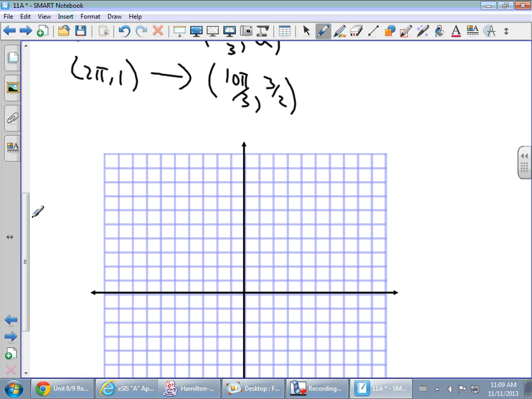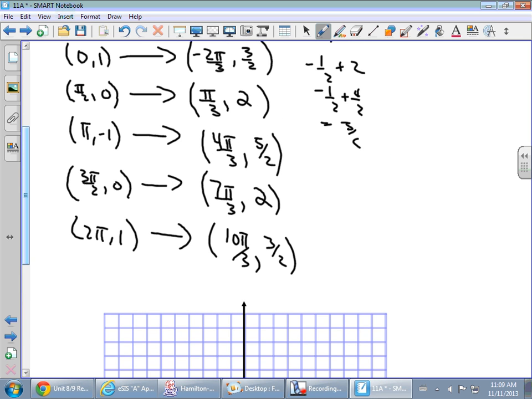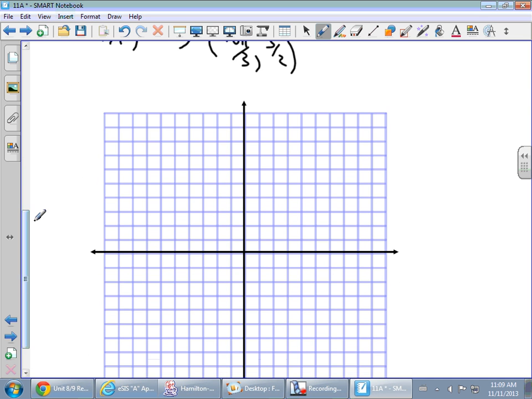So what did I say to go up by? You look at the fractions, and you go up by the biggest denominator. What's the denominator for my x values here? 3. Right, they're all 3. So the only thing I'm going to go up by is pi over 3. Okay? So pi over 3, 2 pi over 3, 3 pi over 3, which is pi, 4 pi, 5 pi, 6 pi over 3, which is 2 pi, all the way up to 9 pi.